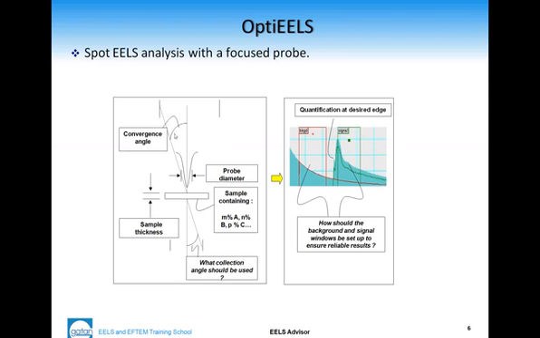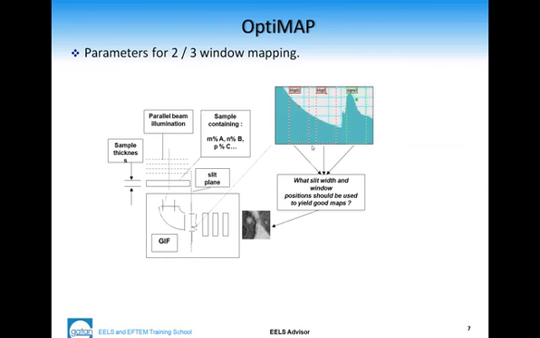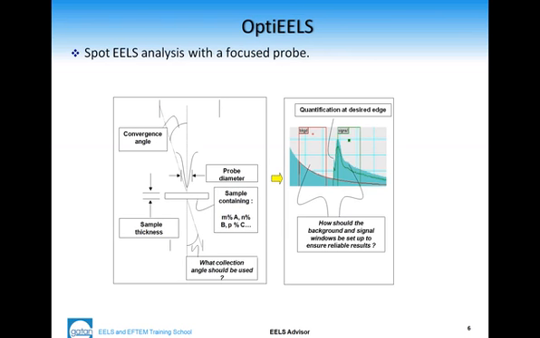We have a convergence angle, a probe diameter, a sample of a given thickness and composition, and a question that arises, which is what collection angle should be used in that case. And once we've grabbed the spectra, when we want to quantify a given edge, we want to see how the background and signal window should be used to make sure that we can get reliable results.